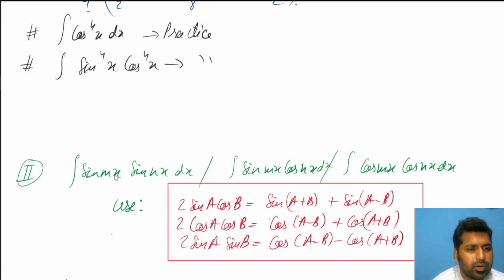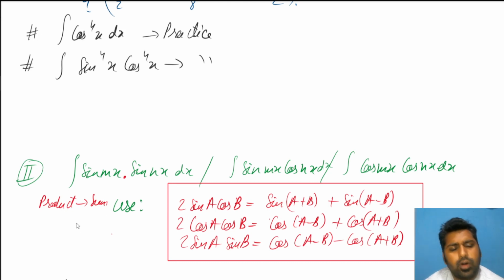The problem here is that they are in multiplication. What if there was a plus sign in between? We could have split the integration in two parts and been done with this. So the idea is to convert product to sum or difference.